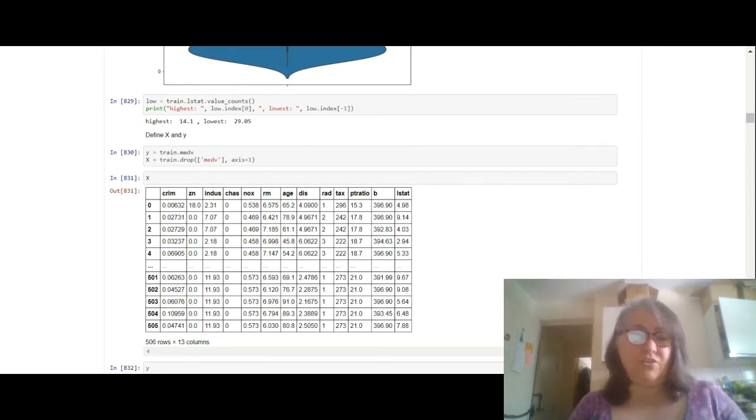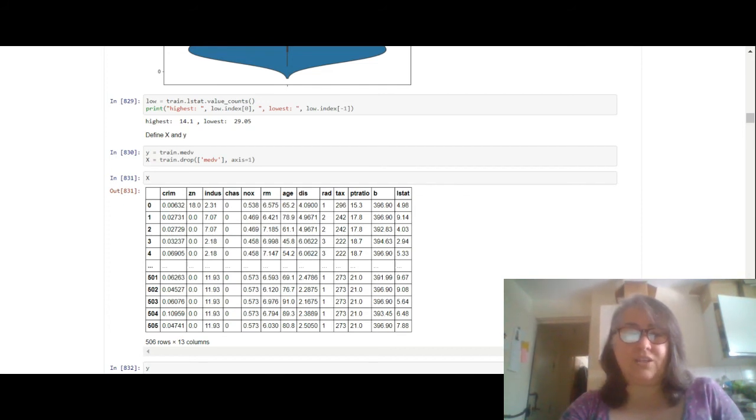You've gotten your minimum, your maximum, and your mean from the describe statement, and then we used a calculation to get the highest value and the lowest value of each of these columns using value counts.